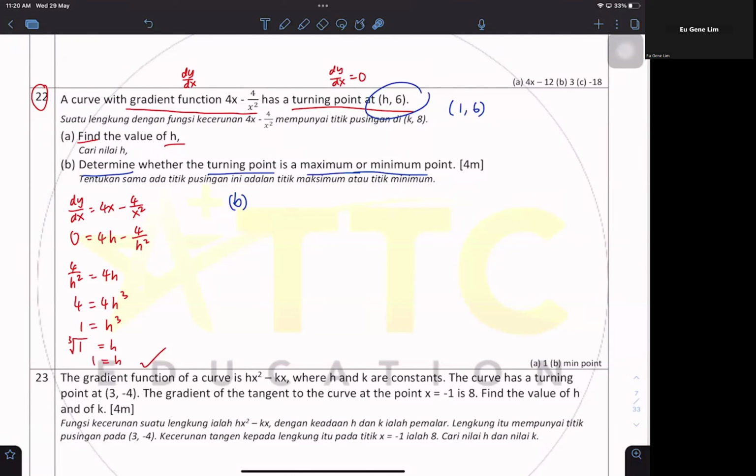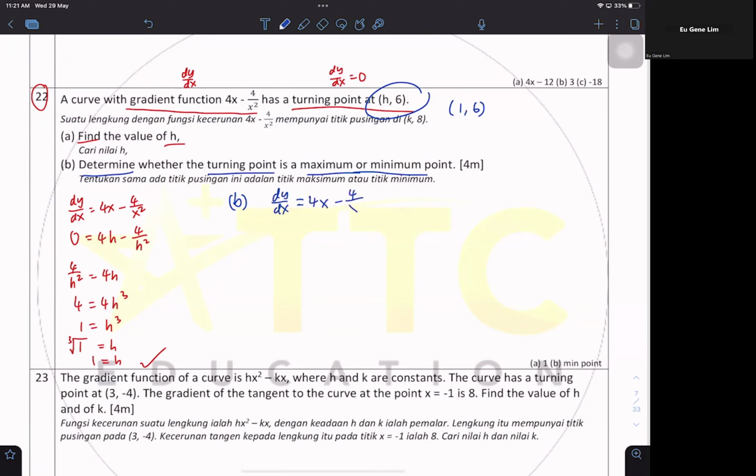Okay, how to determine? Anyone? Very good. How to determine whether it's maximum or minimum? d squared y over dx squared. Remember? So we should actually find d squared y over dx squared. We copy the dy dx first.